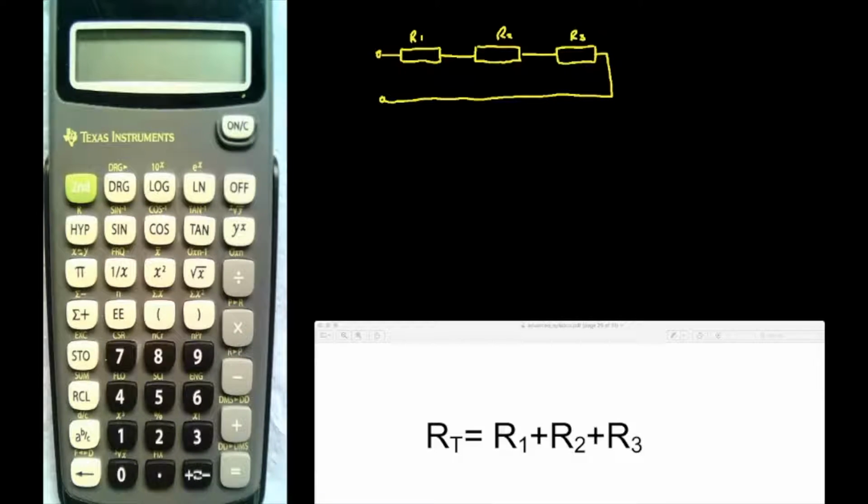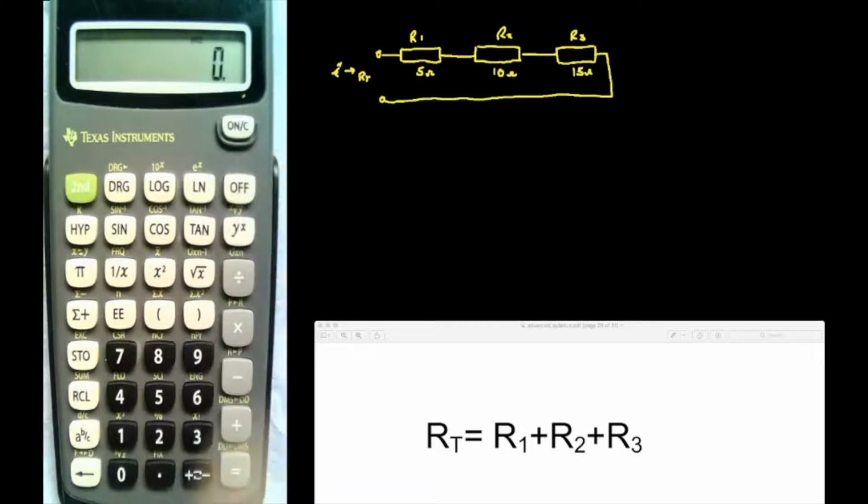And if you looked in the terminals there with your eye, you would see, looking in there, an equivalent resistance, or the total resistance RT. And that's what the formula there relates to. So if we put some values on that, let's say 5 ohms, 10 ohms, and 15 ohms.